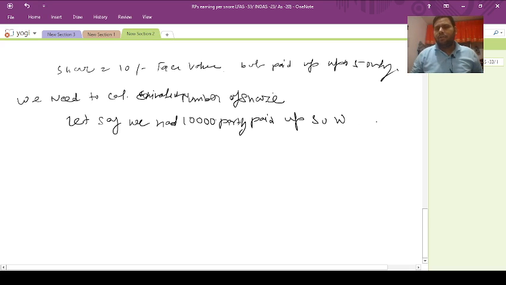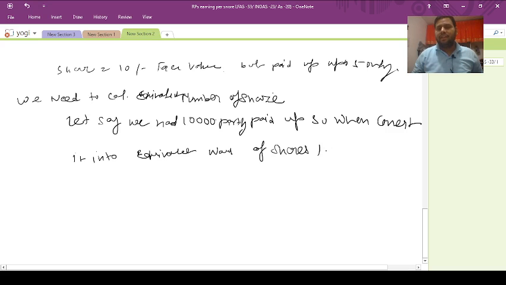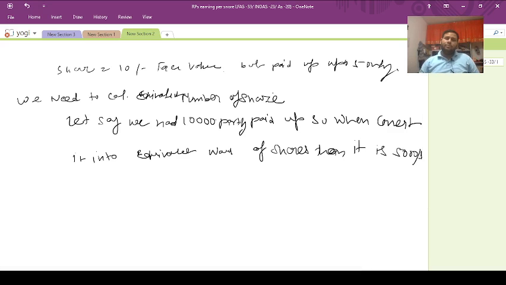When we convert them into the equivalent number of shares, it is 5,000 shares. You got my point? So in the WANS table we will place 5,000 rather than 10,000 shares. That is the equivalent number of shares.